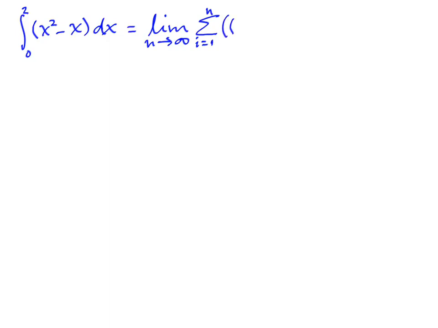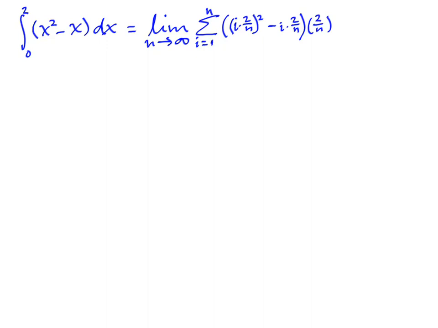The definite integral from 0 to 2 of x squared minus x dx is the limit as n approaches infinity of that Riemann sum that we just wrote down. So this is the Riemann sum that we found. Okay, so this is what we're going to work with and try to simplify so we can take the limit.